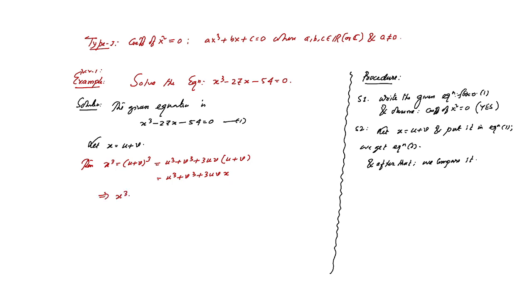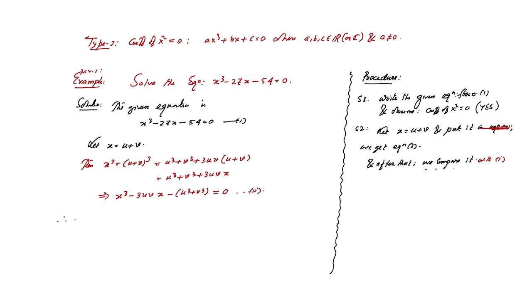So we can write x cube minus 3uv into x minus (u cube plus v cube) equals 0. This is our equation 2. Now we will compare it with 1.